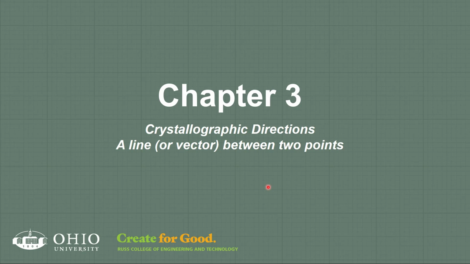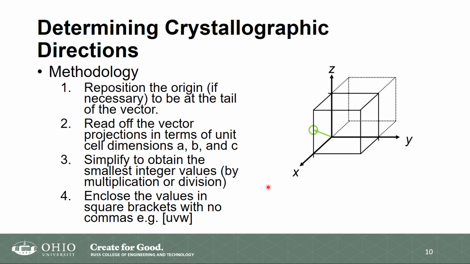So the next part, which we'll discuss, is crystallographic directions. We'll start with the point coordinates, and I want to relate those point coordinates to directions. These directions are defined by a term known as a vector, which describes a line and a direction between 2 points. The way we typically describe this is, let's say we have our unit cell located here, with our x, y, and z axes as previously discussed.